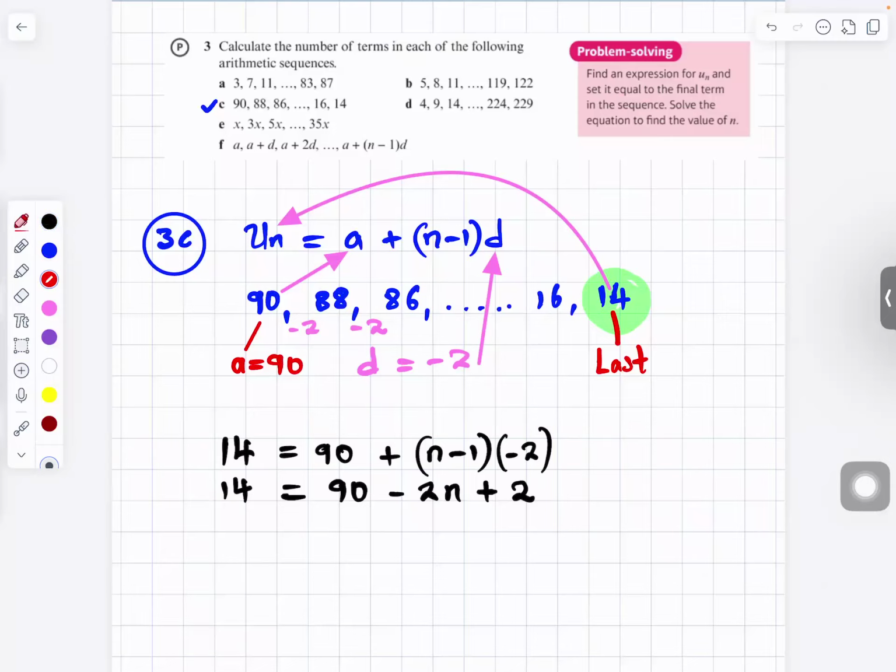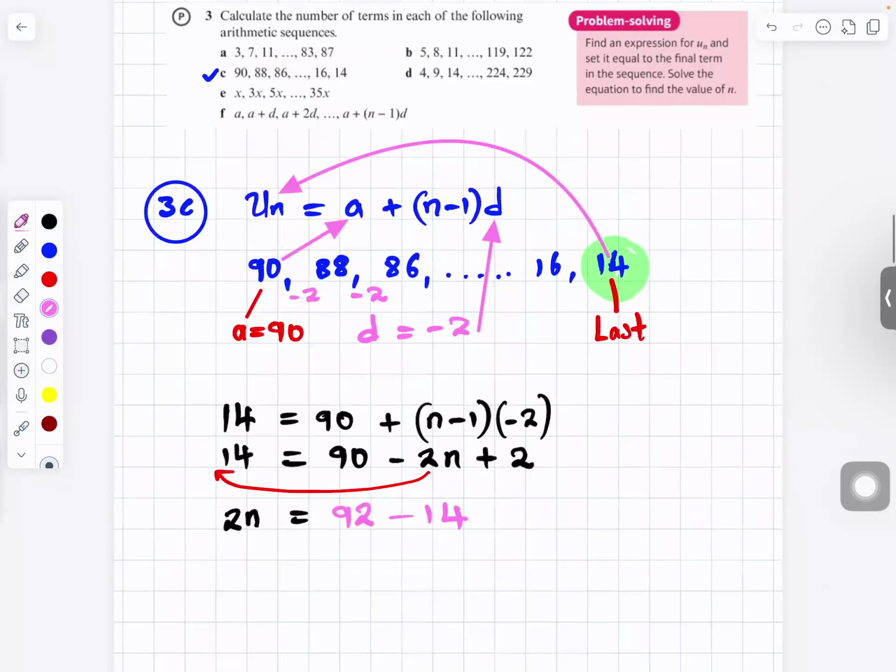So to solve this, I can take minus 2n to the left. It becomes plus 2n is equal to 90 plus 2, which is 92, minus 14, because I'll take 14 to the right. So what will be 92 minus 14?